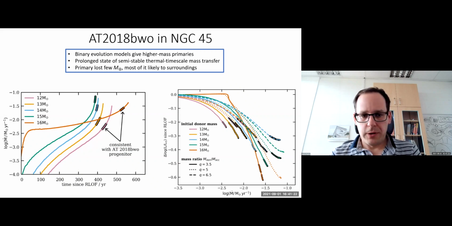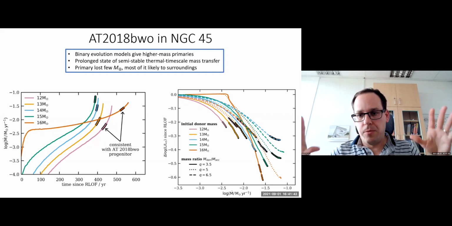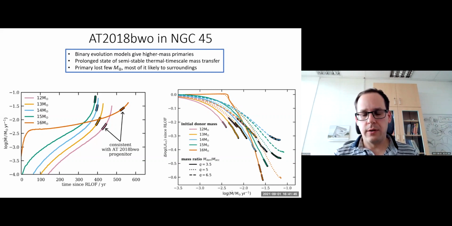And what is also important is that the primary during this process lost a few solar masses, so tens of percent of its mass. And most of this mass loss did not land on the companion, but quite likely was ejected into the surroundings of the binary, probably somewhere around the L2 point.